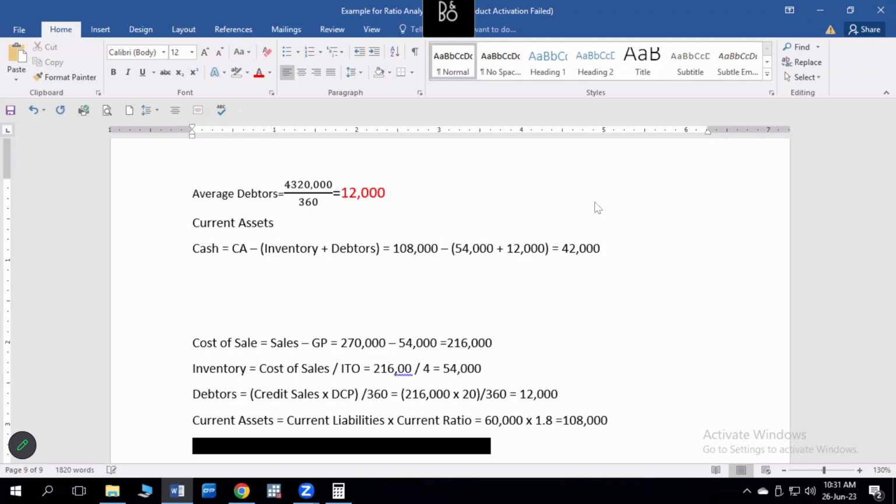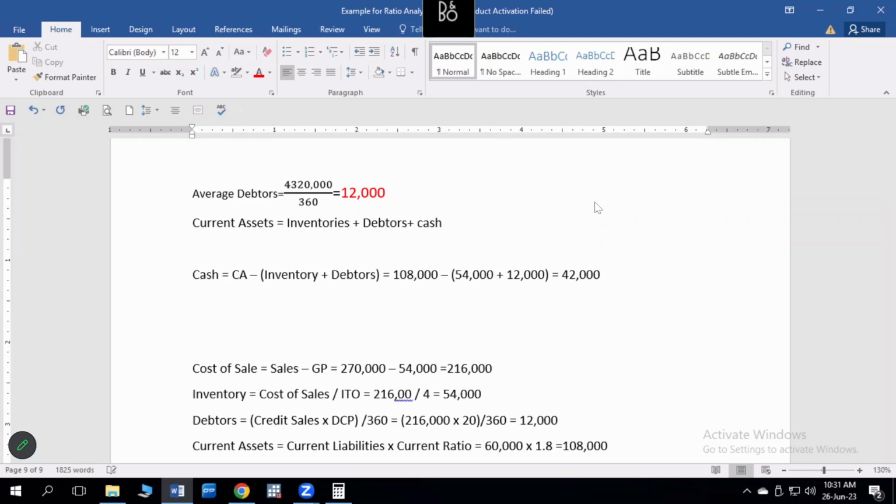Current assets equal to inventory first, then second debtors, then the balance would be the cash. These are the three main items coming there. So you can substitute current assets. You know that, how much you have found, as 2,70,000.